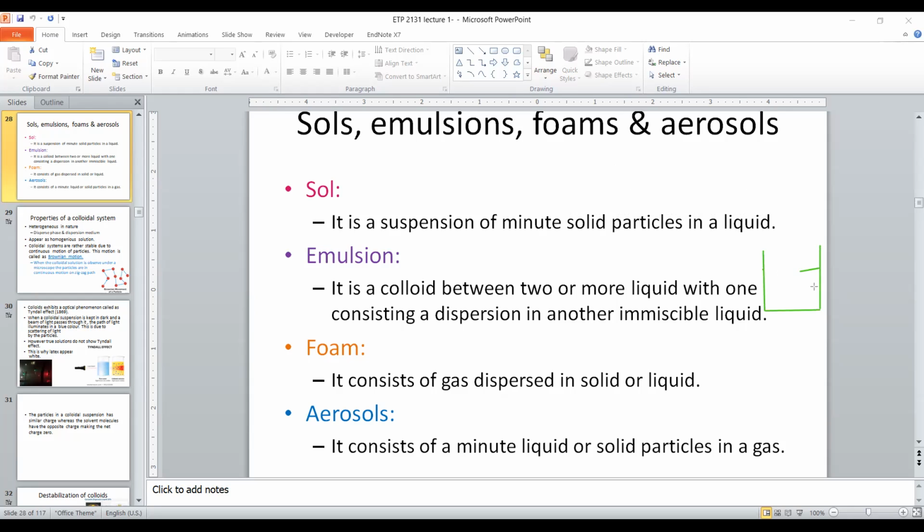You have small droplets inside, then you will have an emulsion. Remember, emulsion is two immiscible liquids.